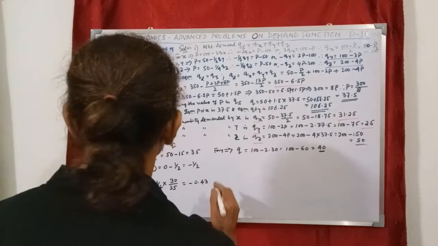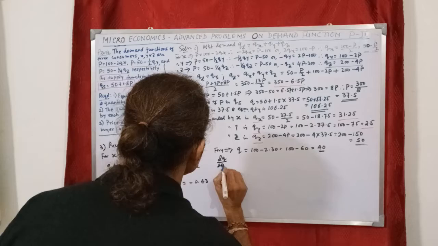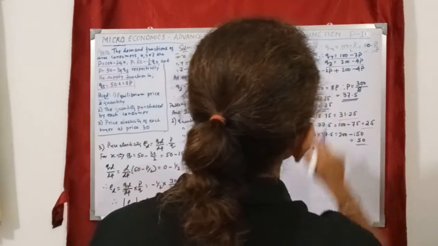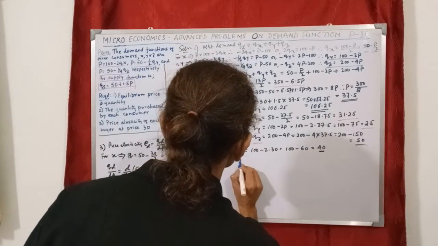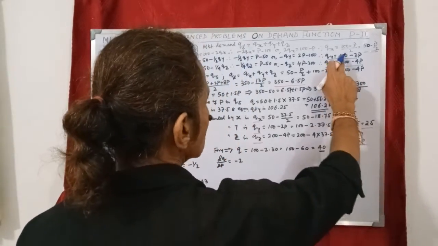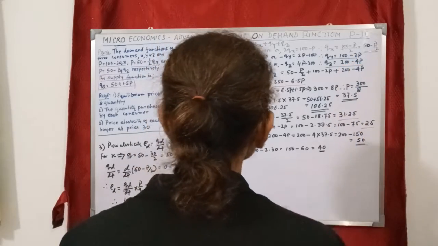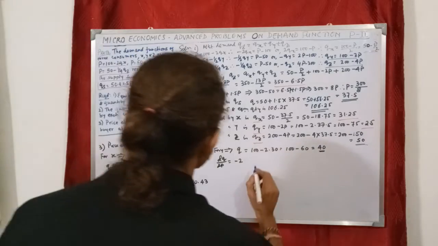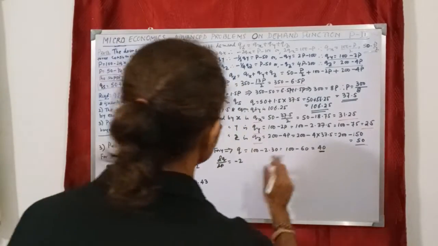Correct? Now what is dQ/dP here? Q equals 100 minus 2P. So dQ/dP equals minus 2. Derivative of 100 is 0, because 100 is a constant number. And derivative of minus 2P is minus 2. So dQ/dP is minus 2. And what is the value of P? P is 30 and Q is 40.